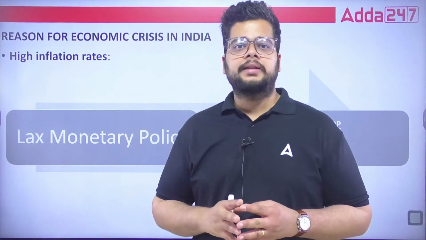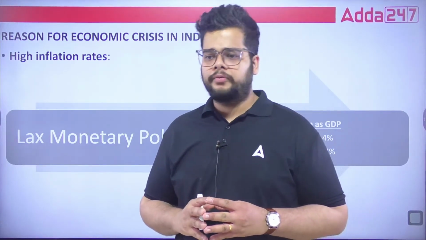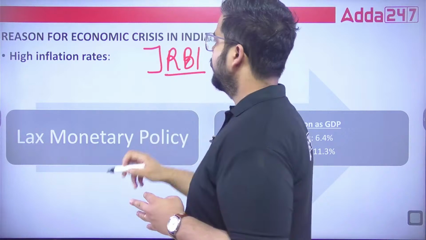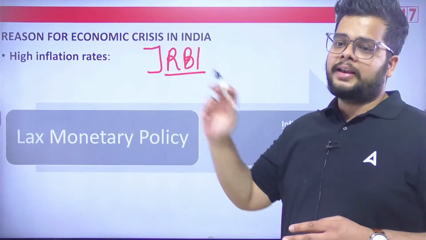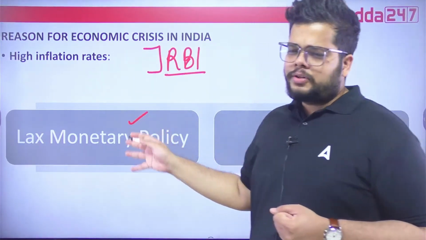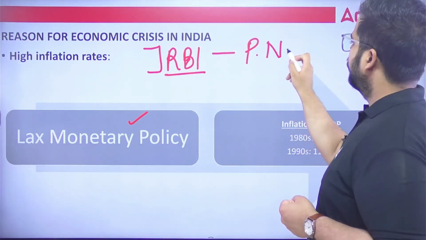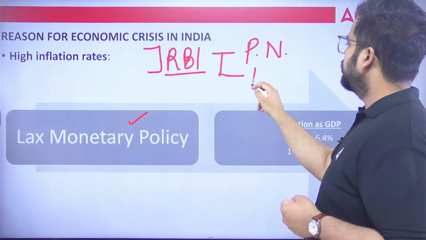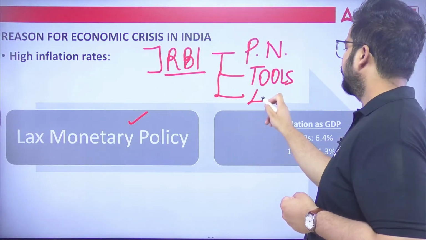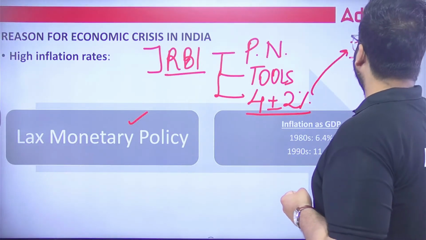But inflation is one of the reasons which has been eliminated by the government of India, along with the help of RBI, because inflation is the main focus area of which organization? Your central bank, that is RBI. And earlier it was due to the lax monetary policy. After RBI introduced the prudential norms, after RBI introduced the tools for the monetary policy, and after RBI set a target of 4 plus minus 2%, that within this range should be your inflation, that is CPI.